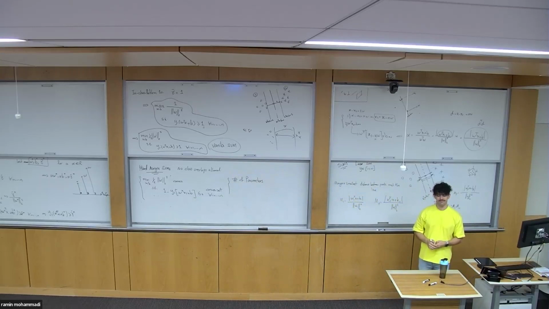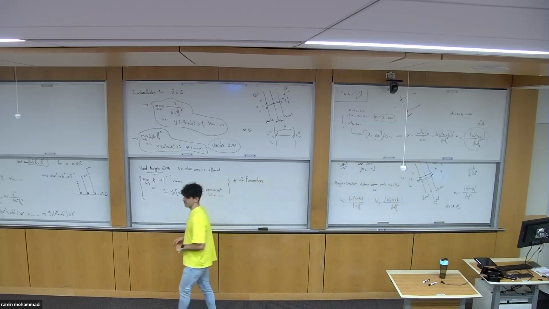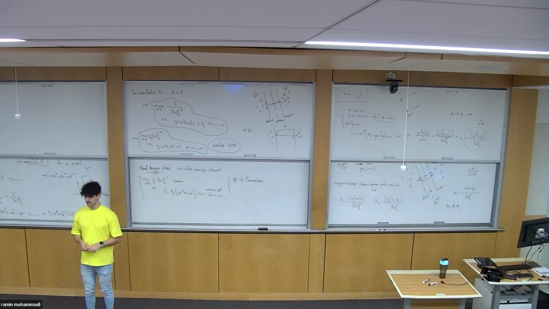How many unknowns do you have inside W? W carries 1 per column. So how many columns do you have? D. How many W's do you learn? D. How many unknowns in total? D plus 1.